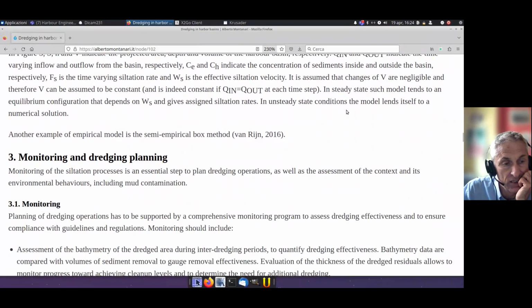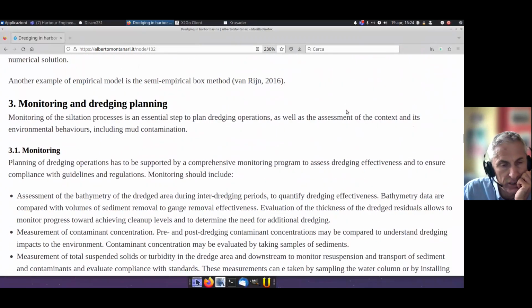The important thing is that at the end of the story, we need to come out with a plan, and the plan must be based on monitoring.